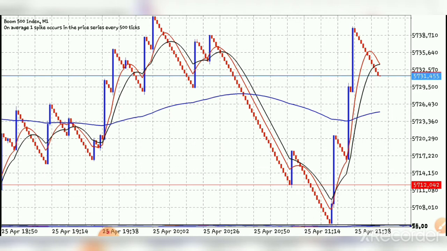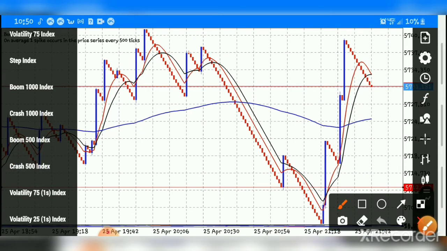So the normal trend for trading boom is by selling it. You sell because it's usually on a downtrend. But if you want to trade against the trend, that is, you want to trade the spikes, spikes give more money than trading the trend.